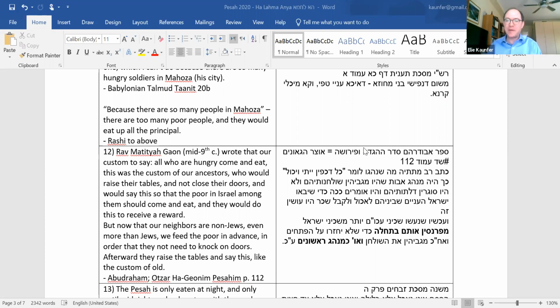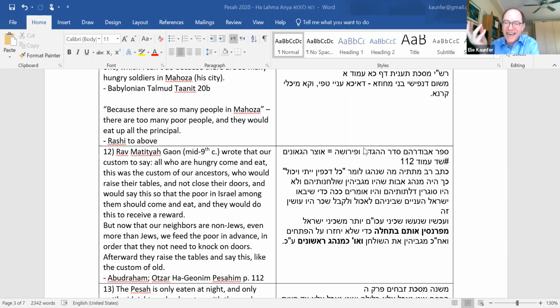We're actually just trying to invite people to have seder who need to have a seder. So what do we do? We feed the poor early. We send out Pesach food in advance so that all the poor people have what to eat in advance of the Seder, so they won't have to walk around and beg during Seder night.